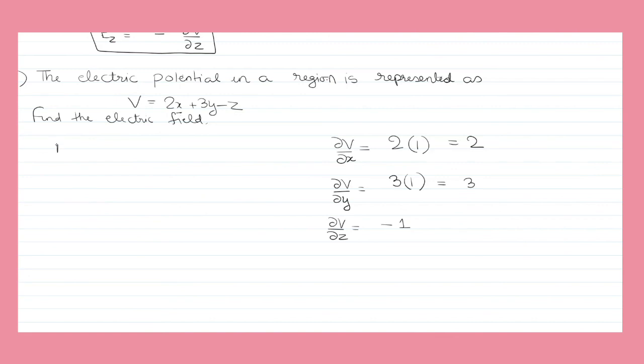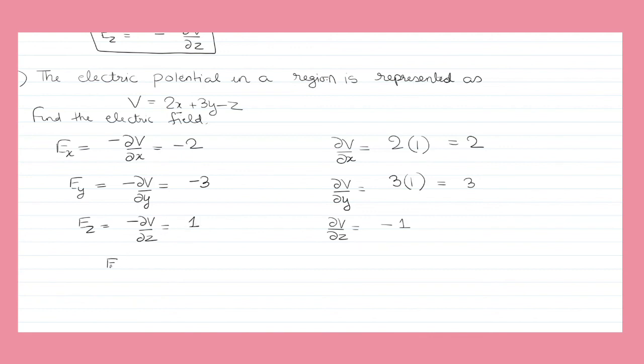Now Ex is minus del V upon del x, so it will be minus 2. Then Ey is minus del V upon del y, so it will be minus 3. Then Ez is minus del V upon del z, so this will be 1.